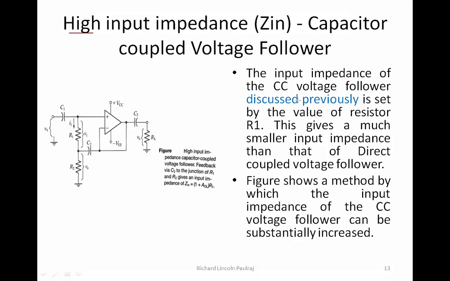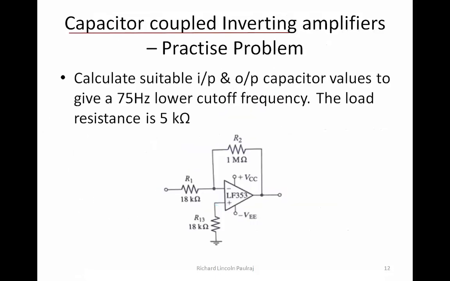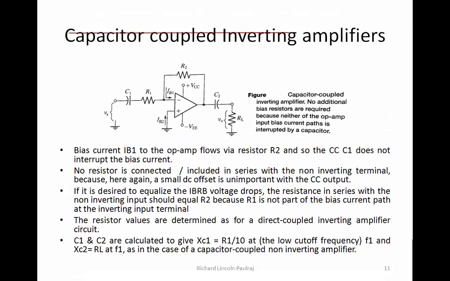The input impedance of the capacitor coupled voltage follower discussed previously is set by the value of resistor R1, right? So let me take you to the normal voltage follower.